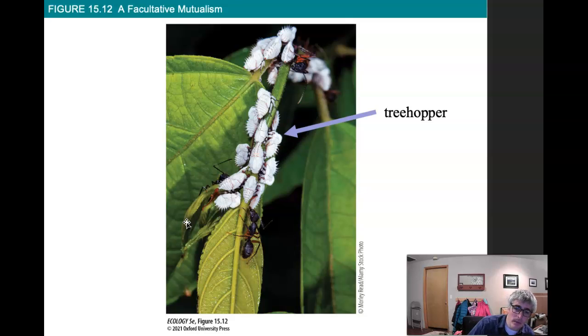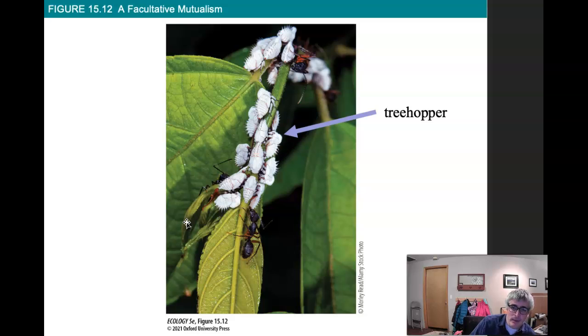They're getting the sucrose solution, but if there just happens to be no predators or parasites for the tree hoppers, then having a bunch of ants around to protect them isn't helpful, and you're still feeding them. So it's a massive cost. Or it could be a commensal situation where there's enough predation and parasitism around to justify, on a life history or evolutionary scale, helping to feed the ants, but it's not really a plus or a minus for the tree hoppers.